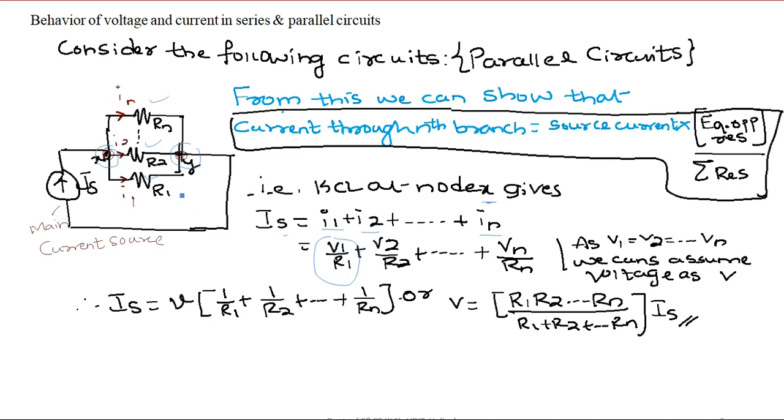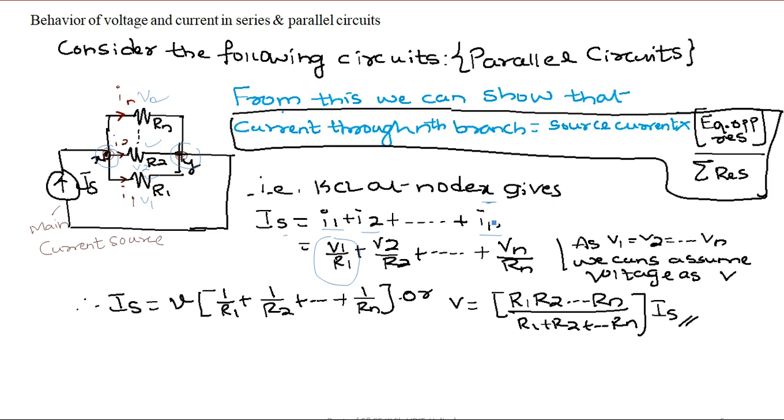This is the definition of current. V1 is nothing but the voltage drop across R1. Similarly, we have V2 drop across R2, then Vn, which is the drop across Rn.